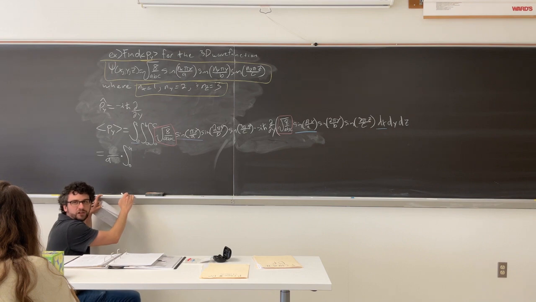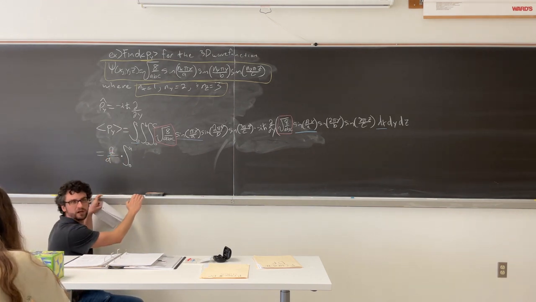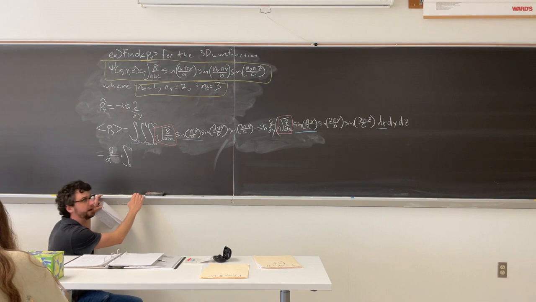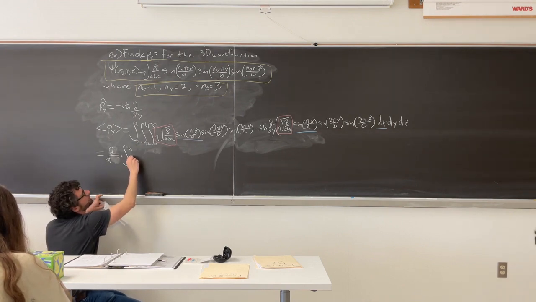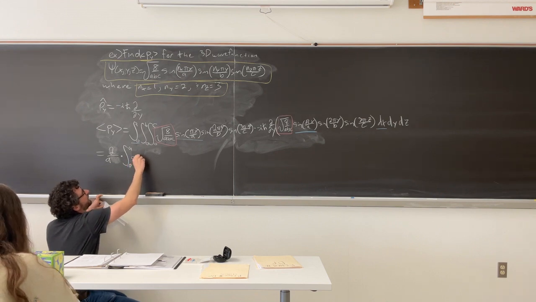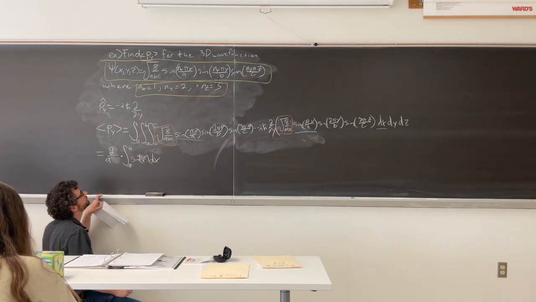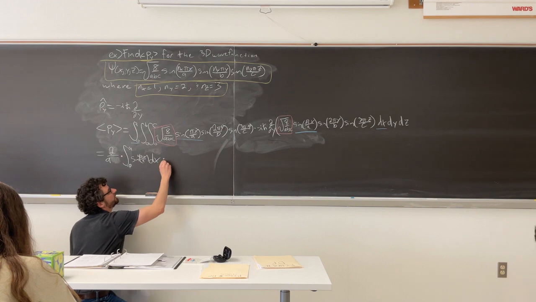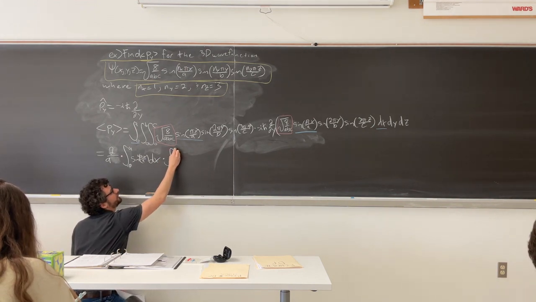what would the normalization constant be for a 1D particle in a box? 2 over a. So if we look at just the x component, it would be 2 over a, sine squared of pi x over a, dx, times, let's get the y stuff.